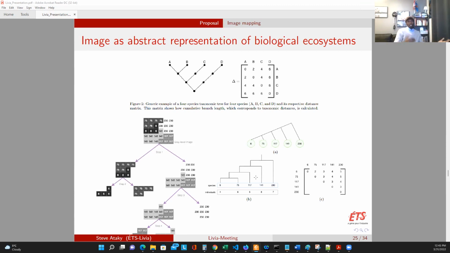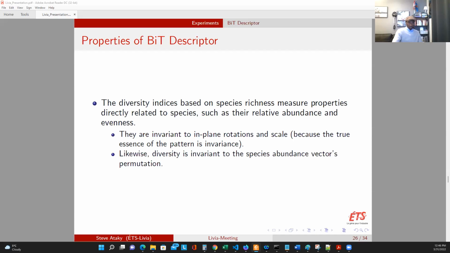So we cannot apply taxonomic indices without first transforming an image to a phylogenetic tree or dendrogram. Afterward, we construct the distance matrix from which we can compute our taxonomic indices.